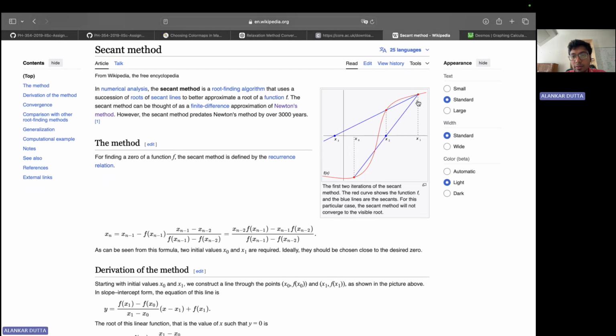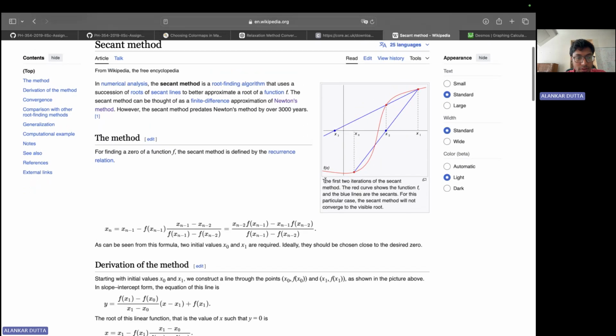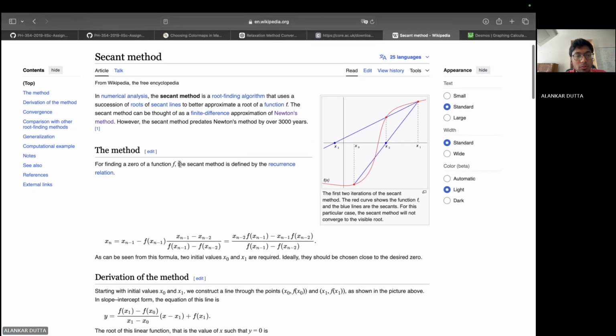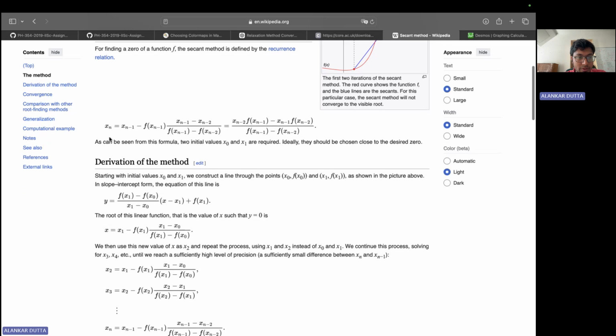So here, for example, is the secant method where we try to find the approximation for the root. So you start with x1 and x2 is your approximation. Let's see if there is a better derivation.